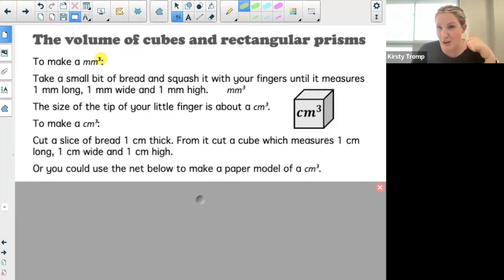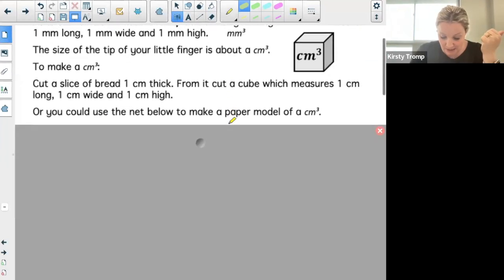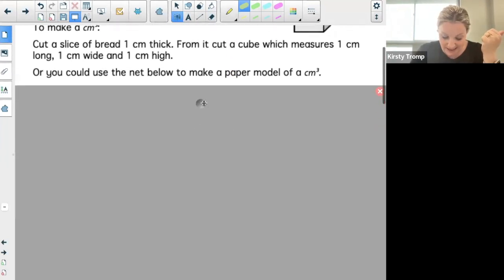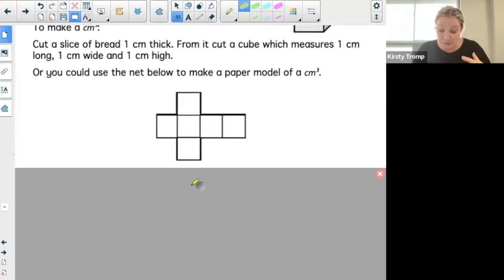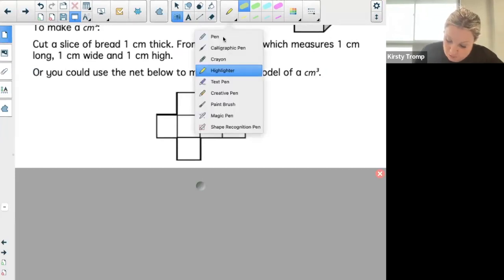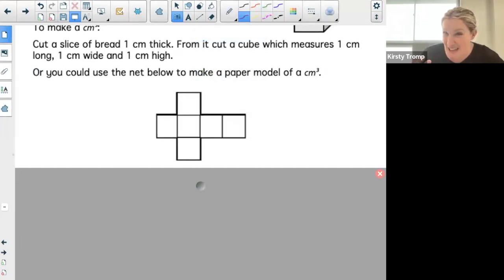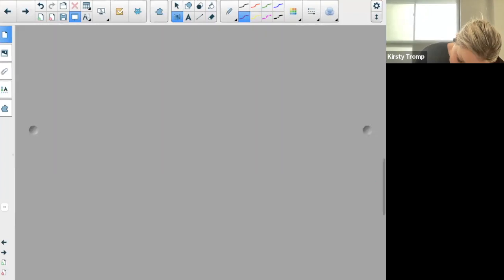Or we could look at the net below to make a paper model of a centimeter cubed. Last week we looked at some nets, but this net below could also give me a centimeter cubed. If this net is to give me a centimeter cubed, it means that this side would be 1 centimeter.